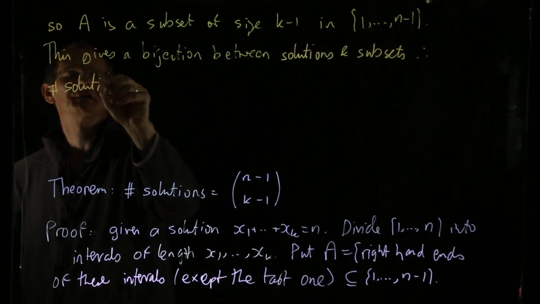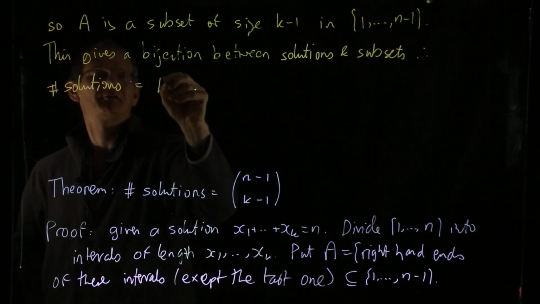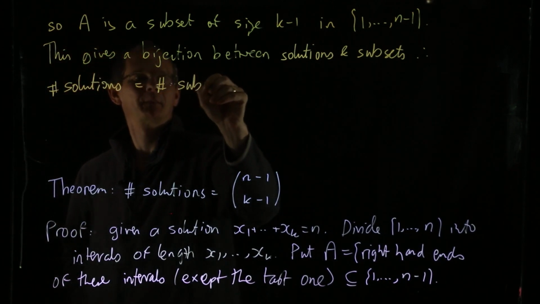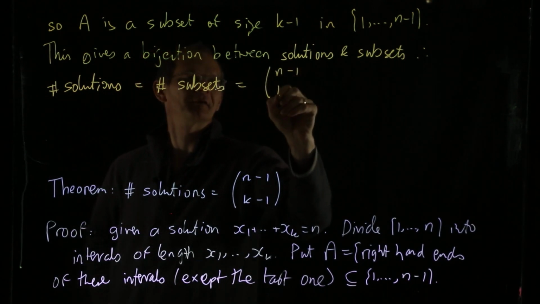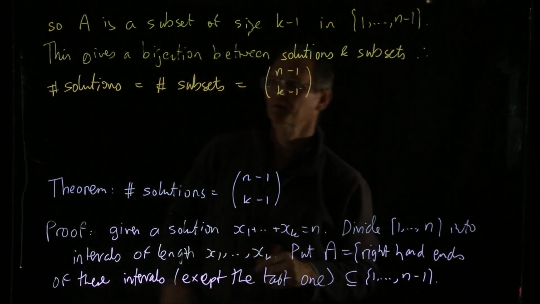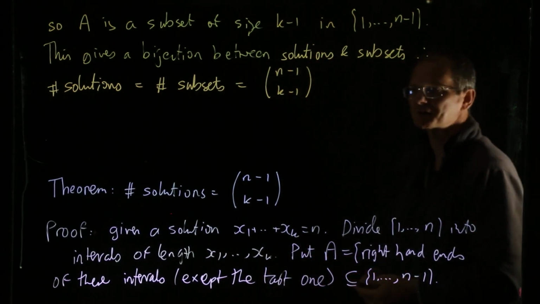The number of solutions is equal to the number of such subsets, and the number of those subsets, of course, is n minus 1 choose k minus 1.